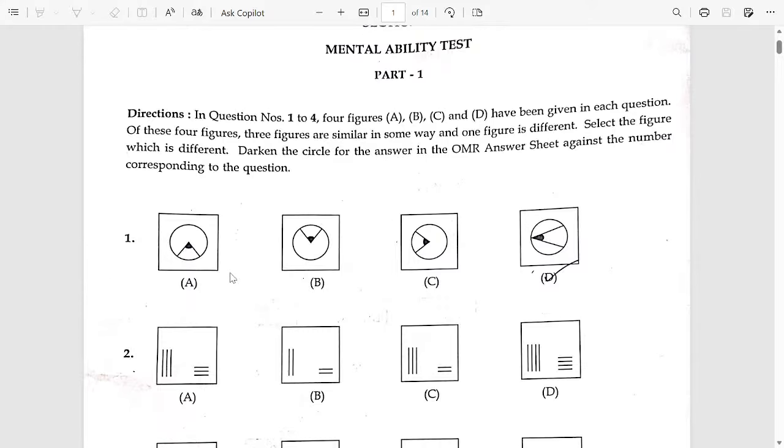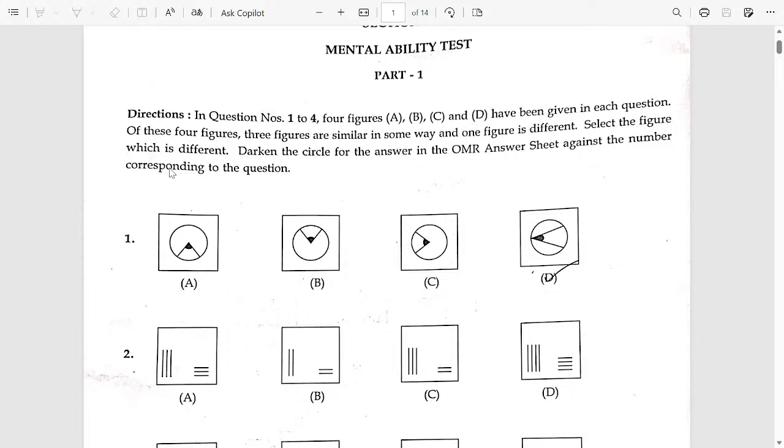If you read the question, four figures A, B, C, D have been given in each question. Of these four figures, three are similar in some way and one figure is different, which means odd one out.